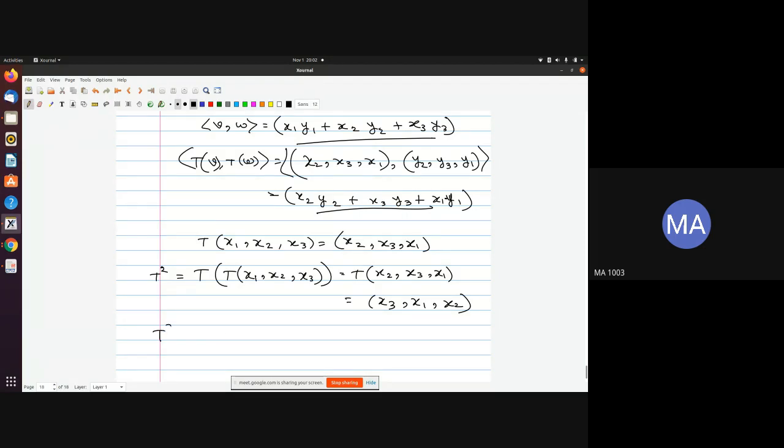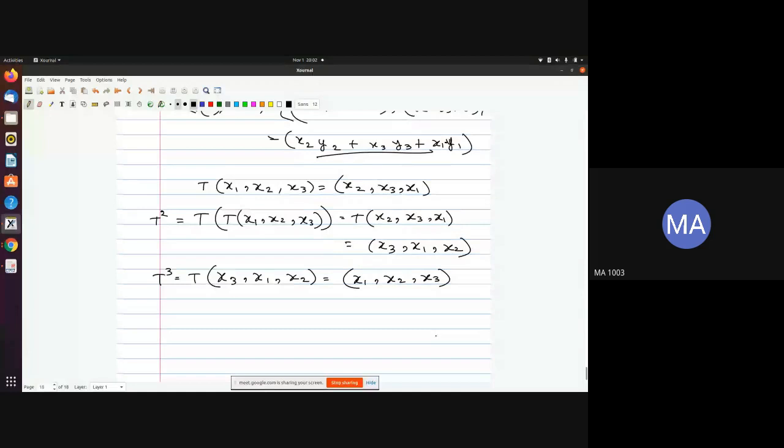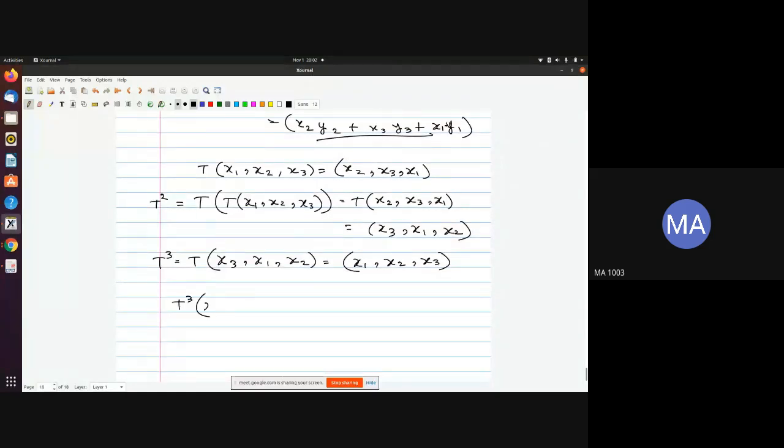If I apply T once more, which is T cube, so T of this, what will I get? x1, x2, x3, the same. So I am getting T cube of x1, x2, x3 is x1, x2, x3. So T cube is basically the identity mapping. So there exists some n for which T power n is identity. That is what the first option was.